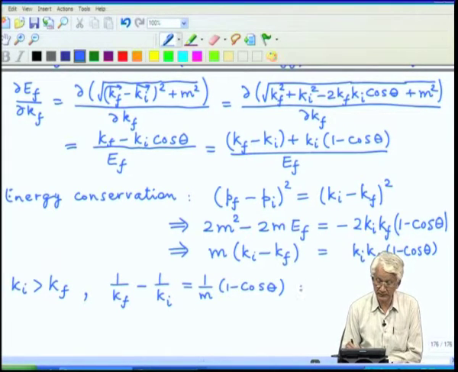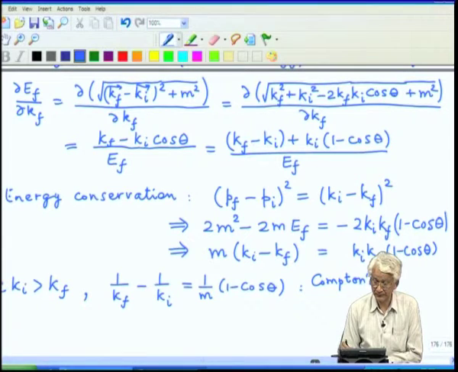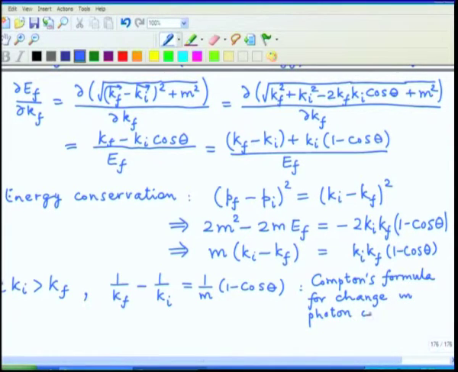And this is Compton's formula for change in photon wavelength.